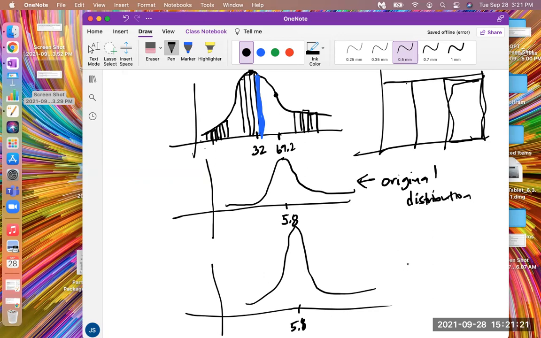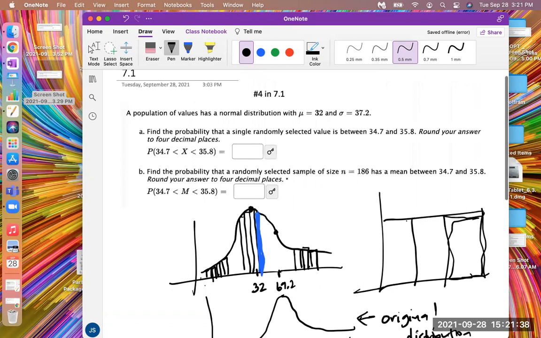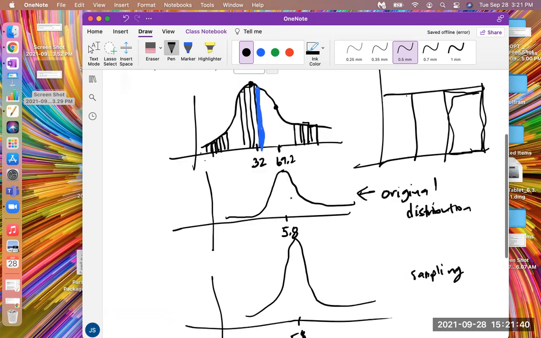Then the sampling distribution. What I mean by sampling distribution is that instead of taking one random individual, they took, in this situation, 186 random individuals, and then took the mean of those.